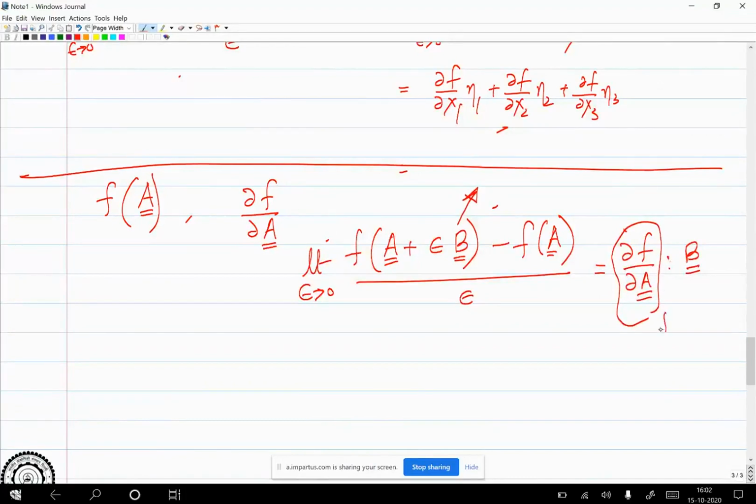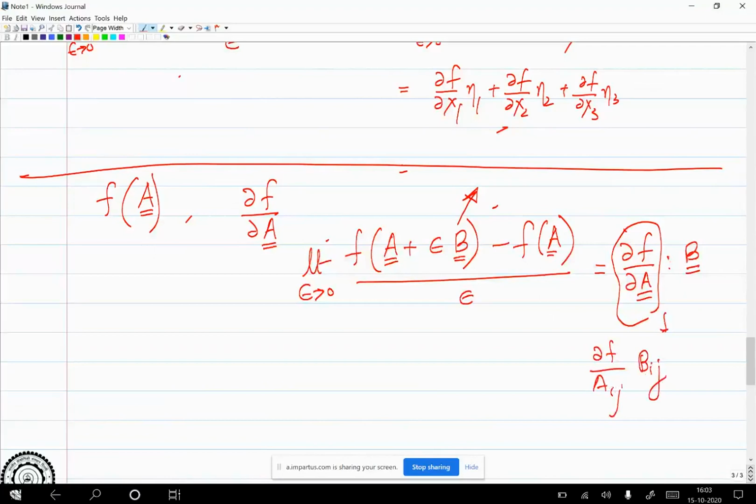See, what is the meaning of double contraction? It is simply del F by del Aij into Bij. So basically you take the derivative with respect to component Aij and multiply with Bij. And why I'm doing it here?